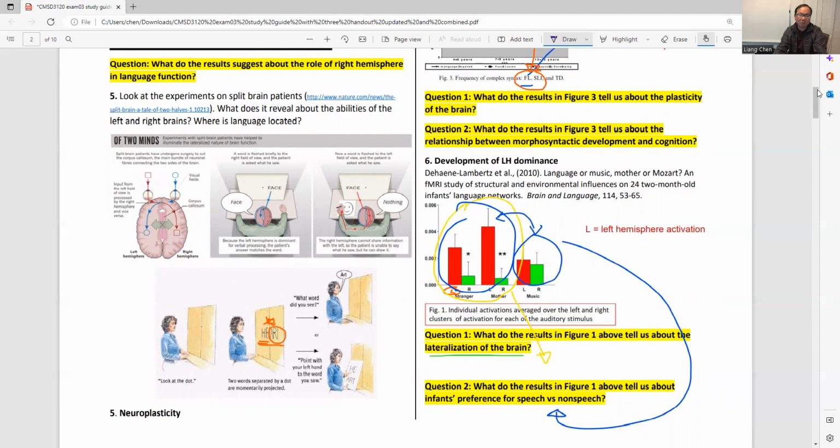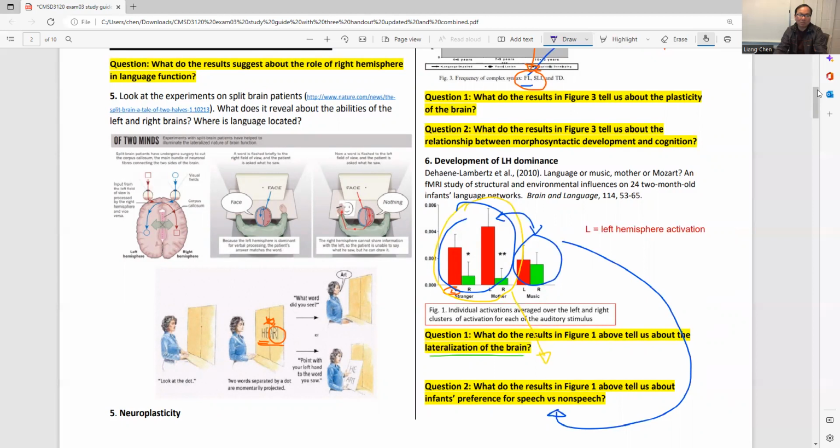So for split brain patients, when they see something in the right visual field, the information will be passed to the left hemisphere. And because the left hemisphere is responsible for language, they will be able to name the item in the right visual field. Okay.